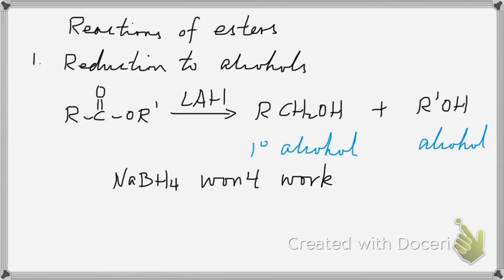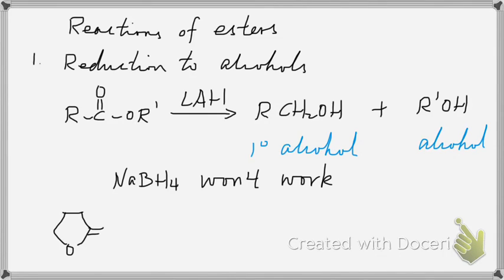One thing I do want to mention here is, in the reduction reaction, the carbon being reduced is the carbonyl carbon. At the same time, the ester linkage will be cleaved, and the R prime here is not reduced. It's just being cleaved as another alcohol.